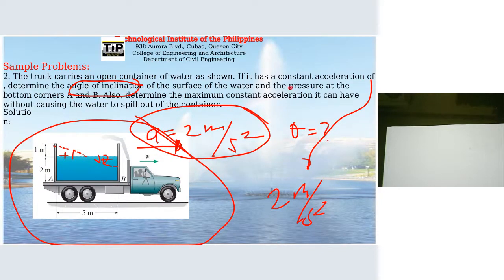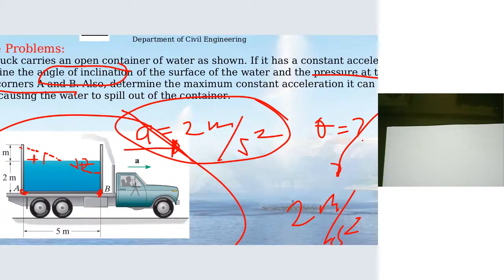Tapos yung pressures daw at the bottom corners of A and B. So since may movement si water, magiging ganito yung position niya, ibig sabihin, hindi na siya magiging equal si pressure A at pressure B, tulad nung kanina na flat lang yung tubig sa surface.